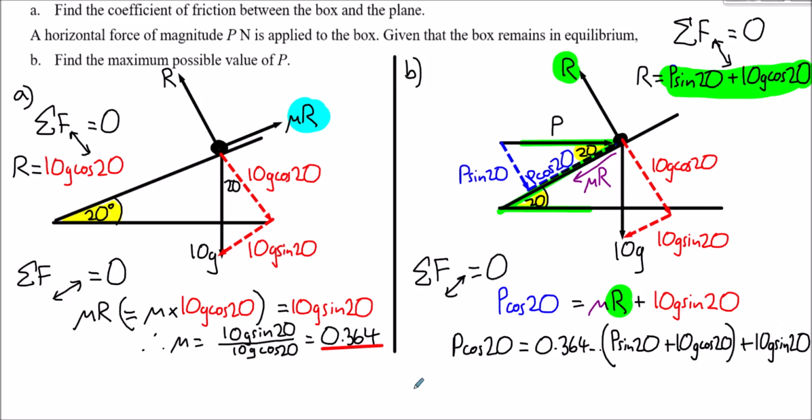So if we take the time to expand out and rearrange, P cos 20 will equal 0.364 P sine 20 plus 0.364 times 10g cos 20 plus 10g sine 20.